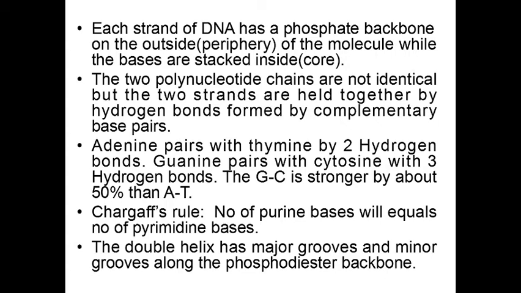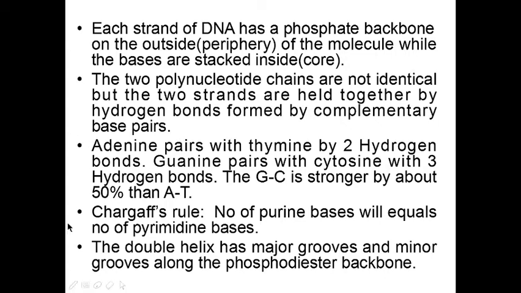Chargaff's rule is nothing but the number of purine bases will always be equal to the number of pyrimidine bases. This Watson and Crick model DNA double helix will always obey Chargaff's rule. That is also called the base complementary rule.